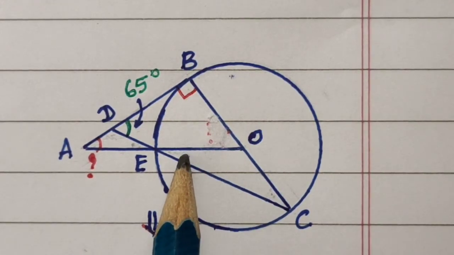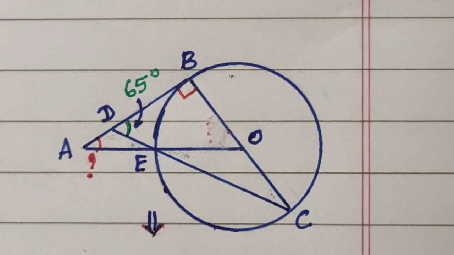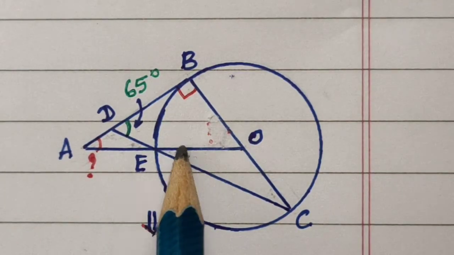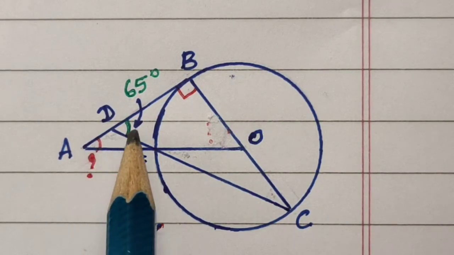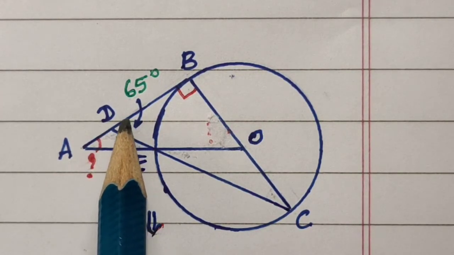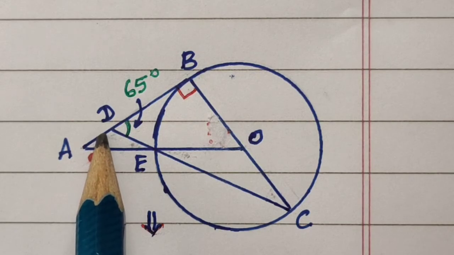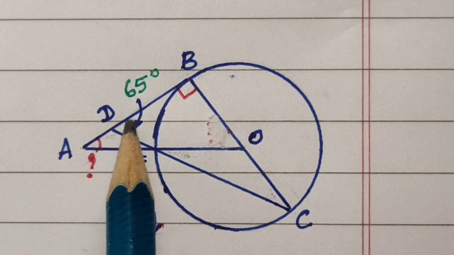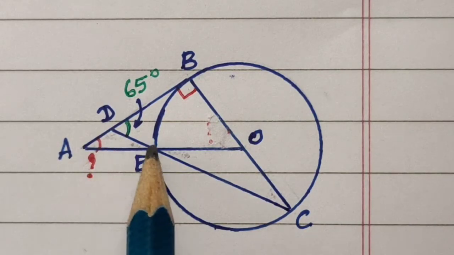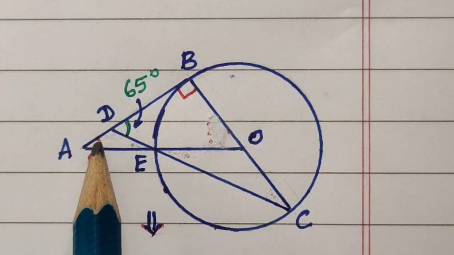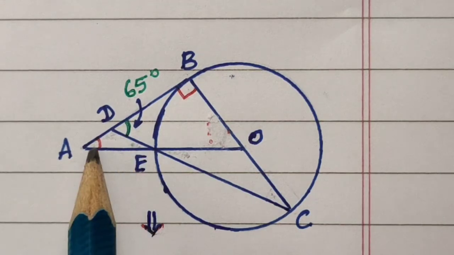Therefore these two are equal because they are vertically opposite angles. We need one more angle, so we use the fact that the angle on a straight line is 180 degrees. 180 minus 65 will give this. Therefore, considering AD as a triangle, 180 minus this will give A.